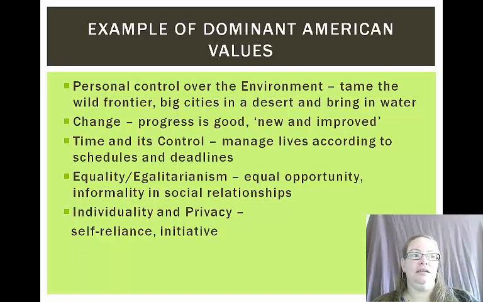The fourth one is equality or egalitarianism. We have talked several times in this class about the contradictions in this particular value. We have this idea that everyone in the United States has an equal opportunity. Everyone can become whatever they want to become. And we see this again in informality of social relationships. So we often use our first names.